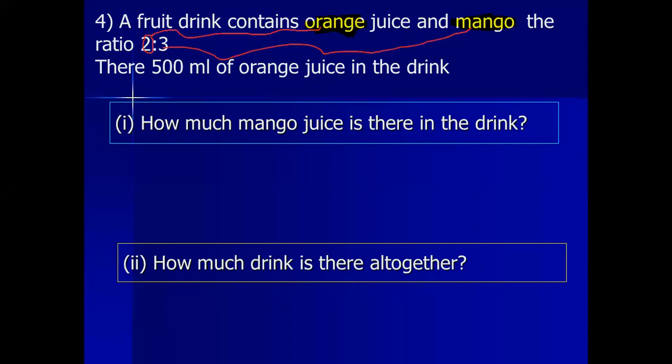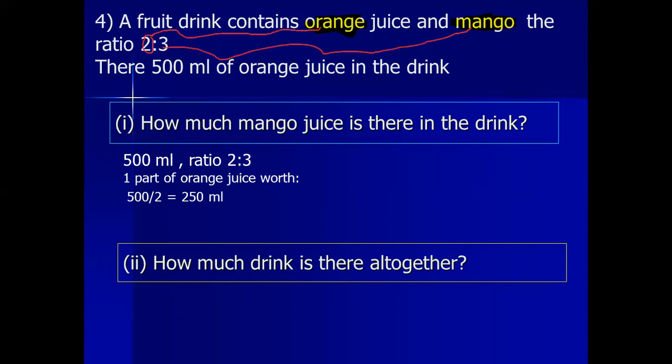So we will take 500 milliliters divided by 2, because the first number in the ratio represents orange. 500 represents the amount of orange. I divide 500 by 2 to find the amount of one part. So 500 divided by 2 becomes 250.